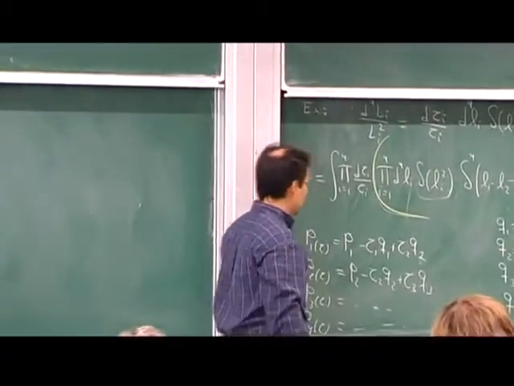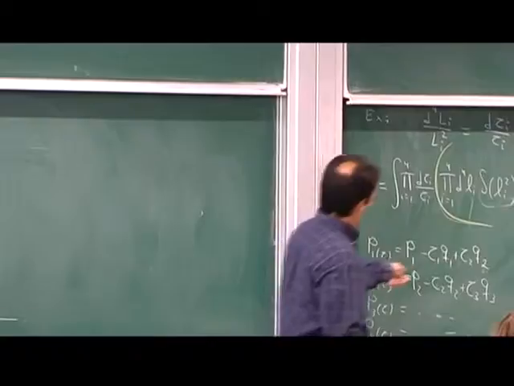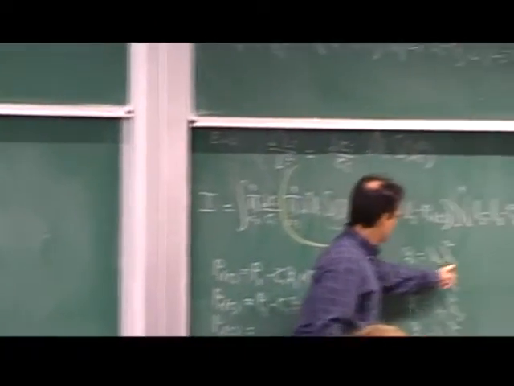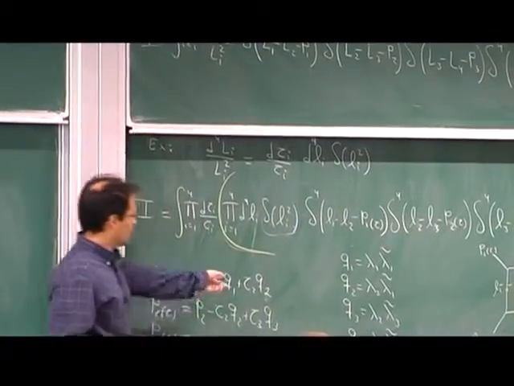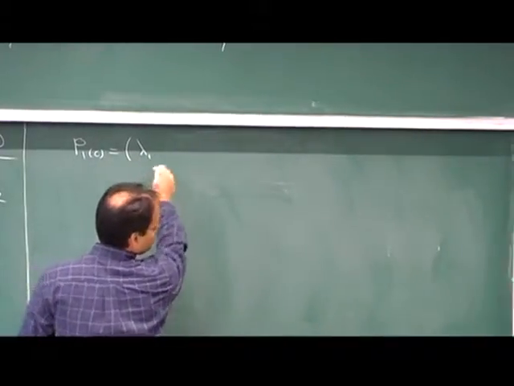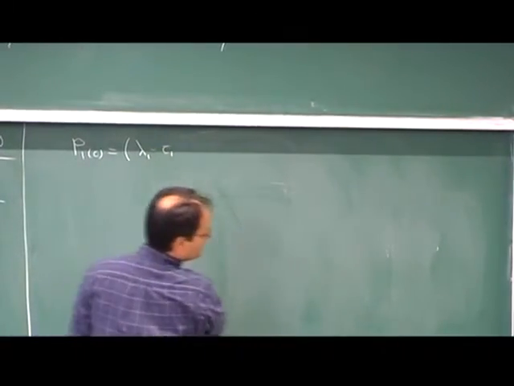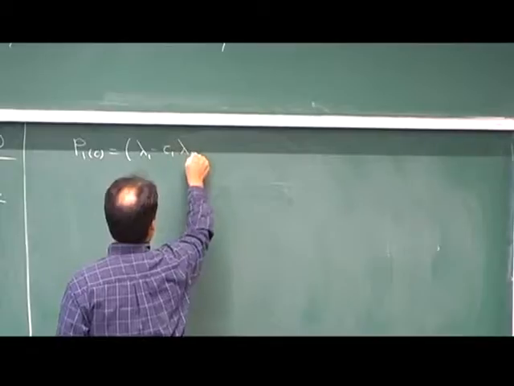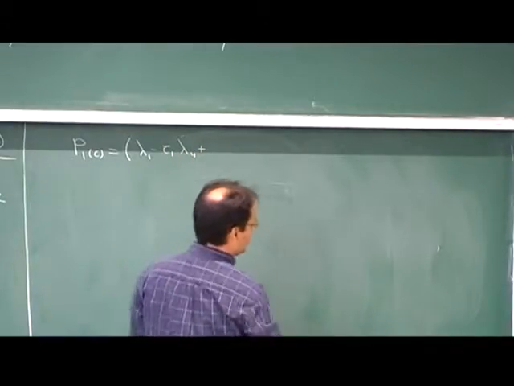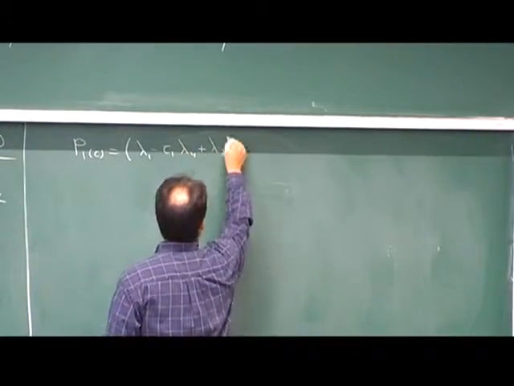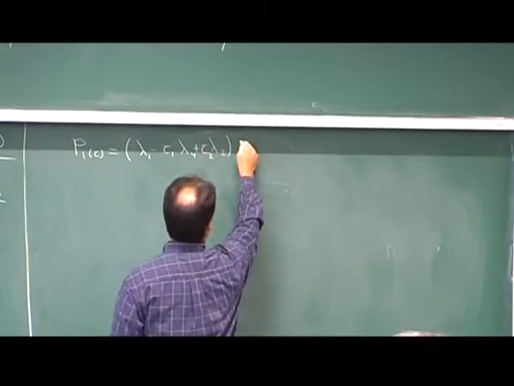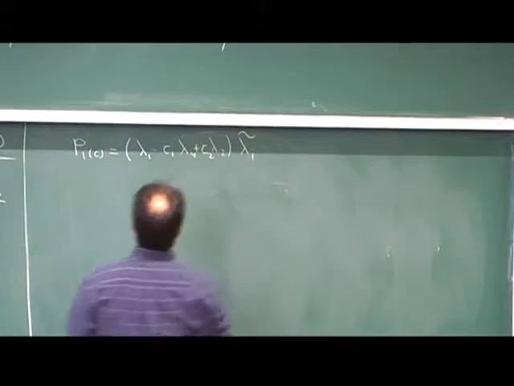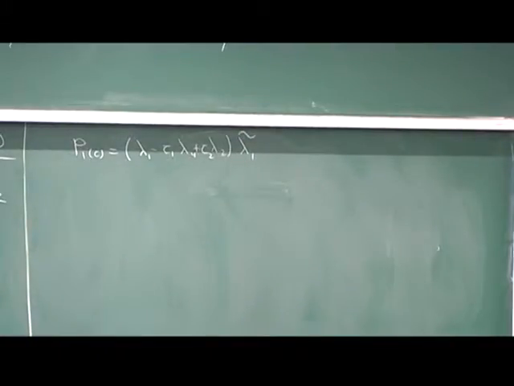Well, let's see. What is Q1? Lambda 4, lambda 1 tilde, Q2, lambda 2, lambda 1 tilde. Now there is a lambda 1 tilde as a common factor. So what I have here is lambda 1 minus tau 1 lambda 4, plus lambda 2 tau 2, times lambda 1 tilde. It is a null vector.